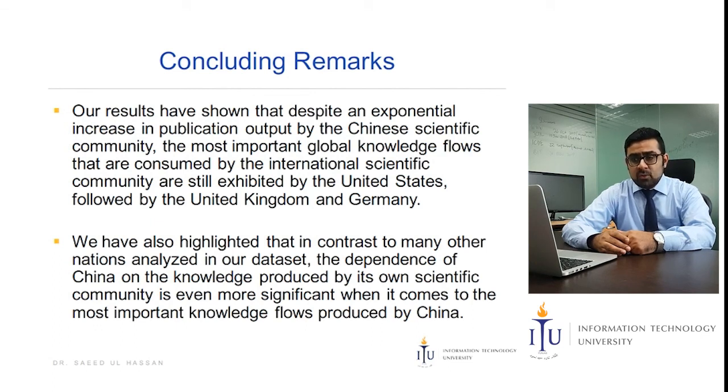We have also highlighted that in contrast to many other nations analyzed in our dataset, the dependence of China on the knowledge produced by its own scientific community is even more significant when it comes to the most important knowledge flows produced by China.